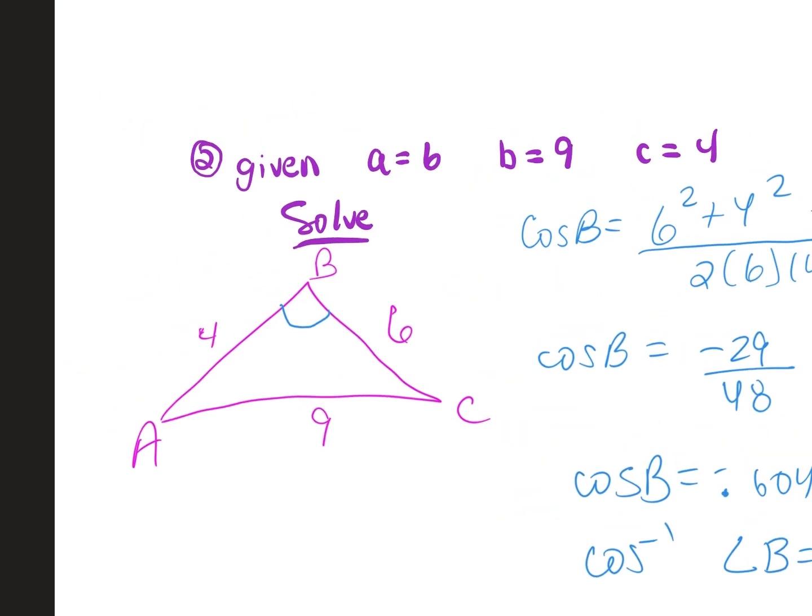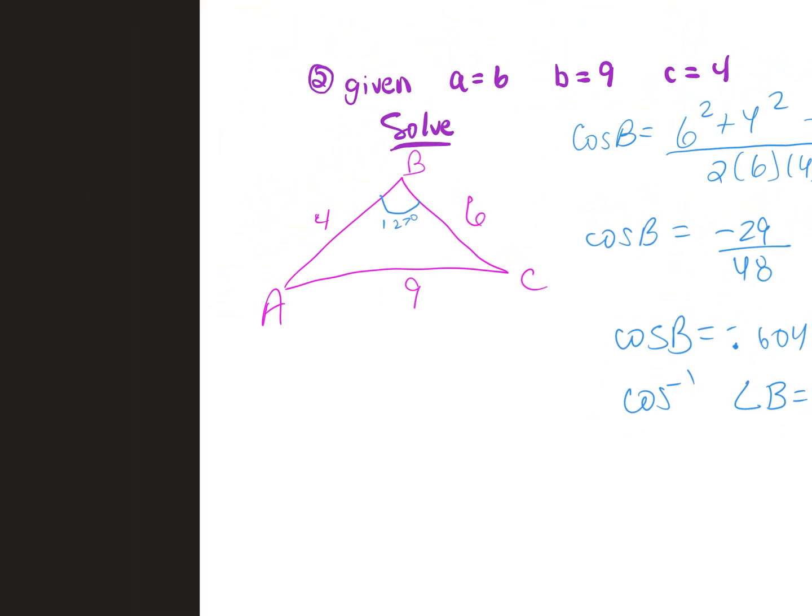All right, perfect. Now, guys, that I know that B is 127 degrees, does this now become a problem that we did yesterday? Yes, I can use what now? The law of sines. I can say sine of 127 over 9 equals. Now we found the biggest. Let's find the middle one. What's going to be the middle angle? A. Good.